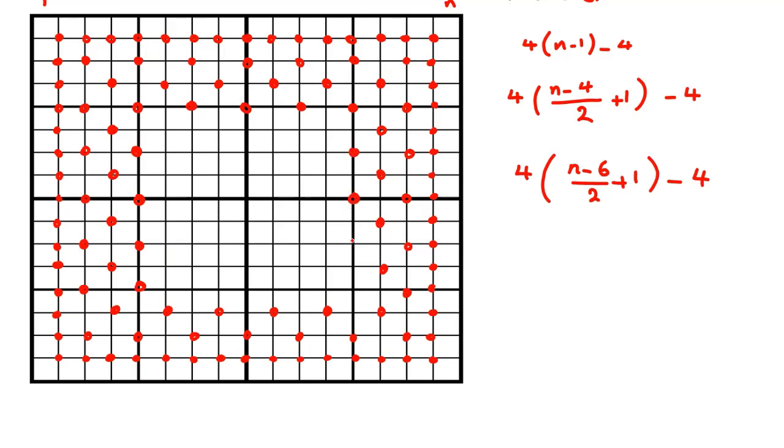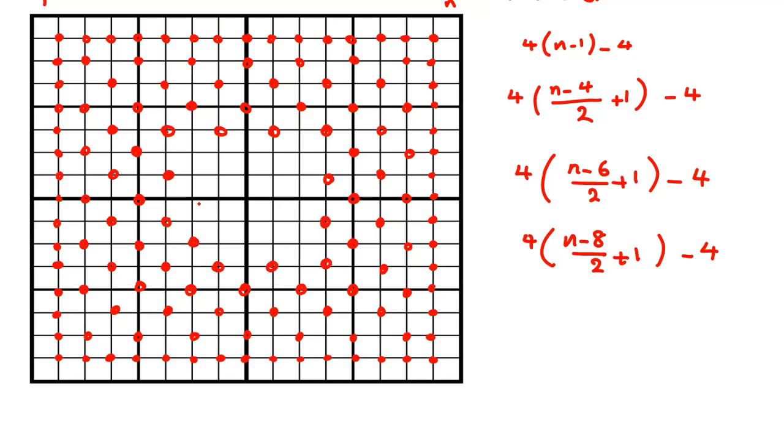This part, this part, this part, and the next step is 4 times n minus 8 over 2 plus 1 minus 4. And this one is what? Again, this part, this part, this one.